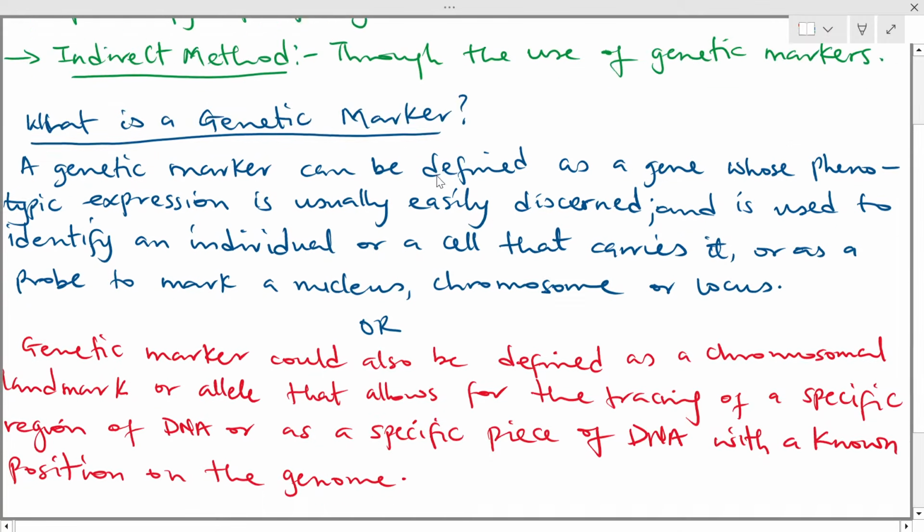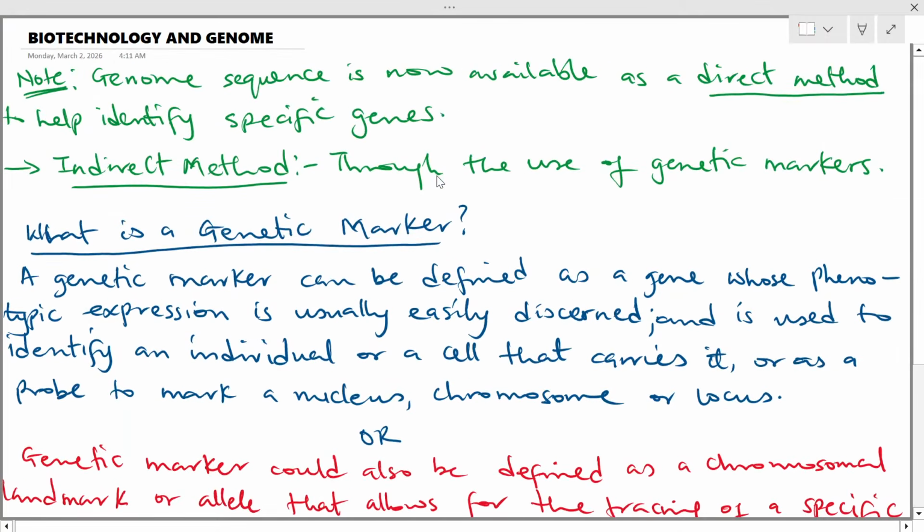Now we came to know that the genome sequence is available as a direct method to help identify specific genes. We said earlier that genes are located in specific areas of the chromosome, known as the genome.